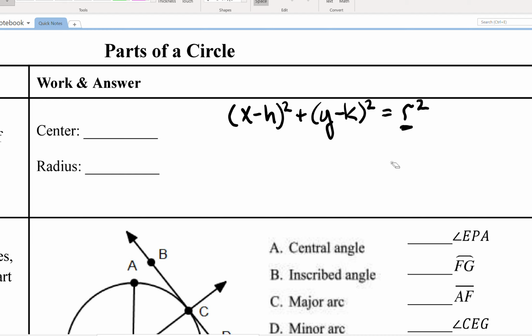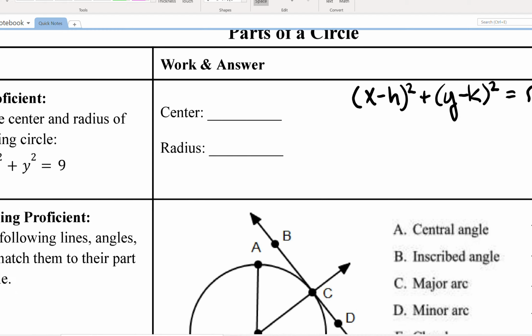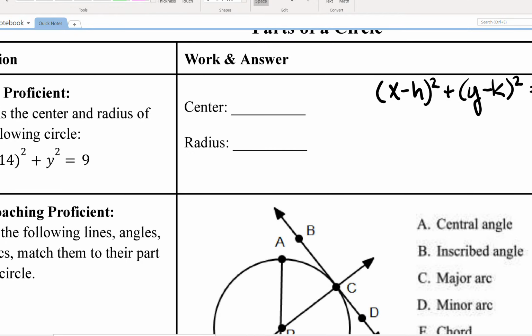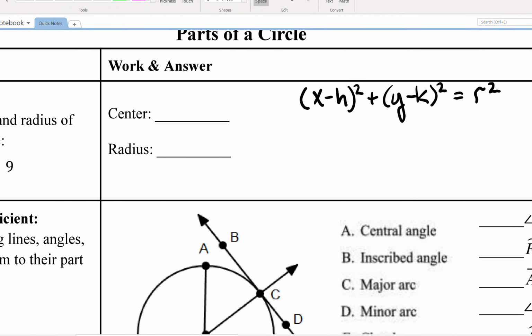So it just goes back to the Pythagorean theorem. Now, the center of this circle is (h, k), and the radius is r. And so if this is r squared, you have to just take the square root of that.